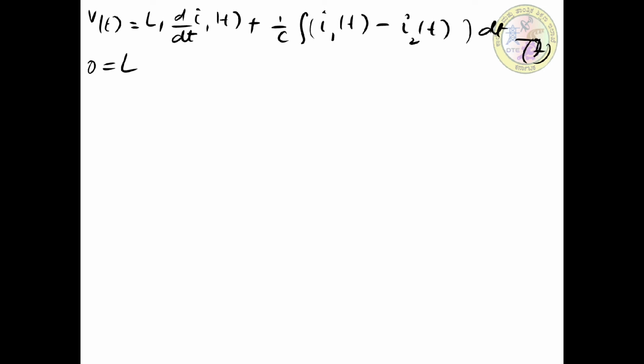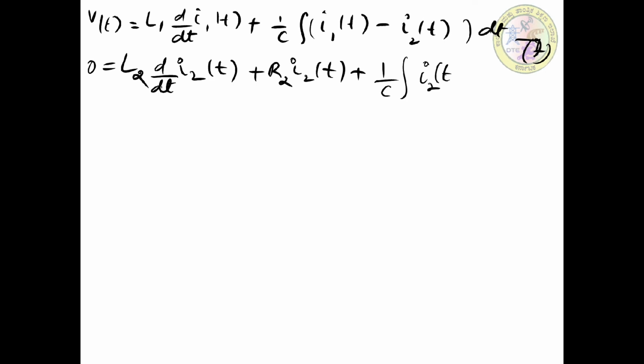Similarly, equation 8, L2 d by dt of I2 of t plus there is resistor R2 into I2 of t plus 1 by c into, so here it is I2 of t minus I1 of t into dt.